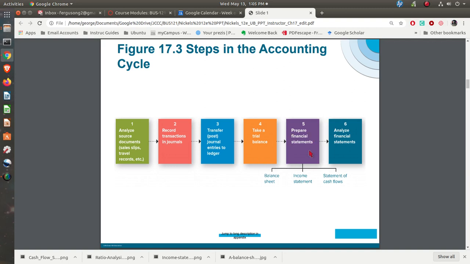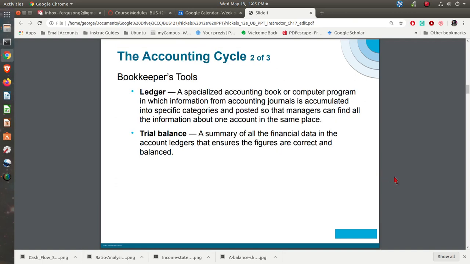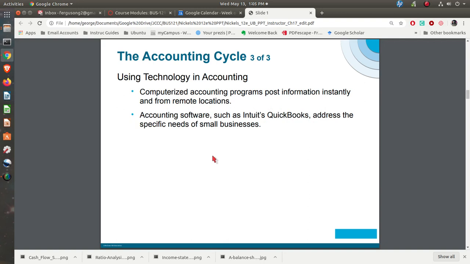From there, you prepare your financial statements so that you can analyze what it is that's going on and make decisions. So the tools that you have is you have your ledger and your trial balance. You're constantly using technology, various accounting programs. For example, QuickBooks allows small businesses to keep track of their financials.